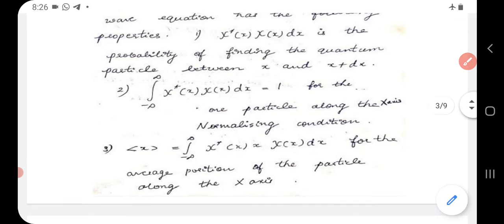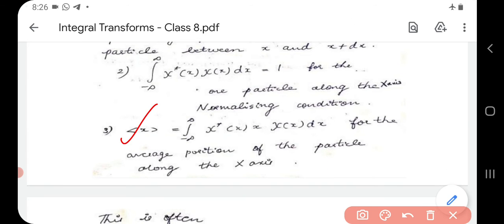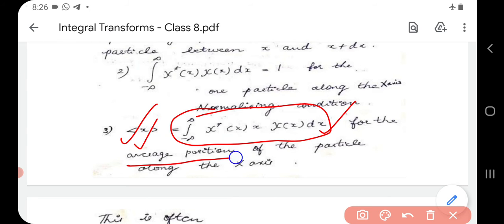Then this one is the expectation value of the position of the particle x. That is given by the integral from minus infinity to plus infinity of chi star of x, x, chi of x dx. This is how the expectation value of the position of the particle is written. This will give you the average position of the particle along the x-axis.